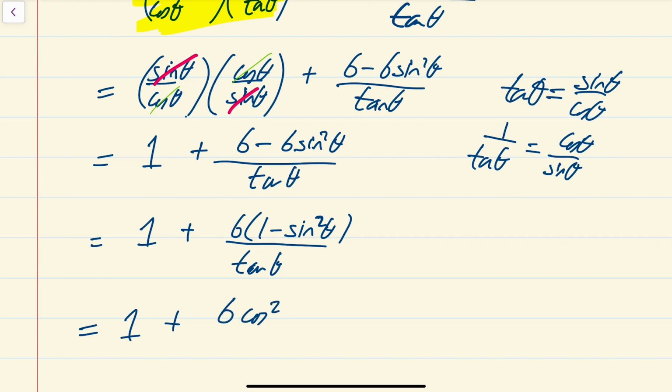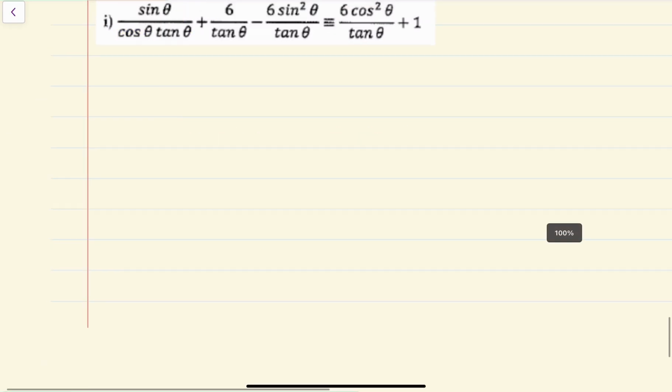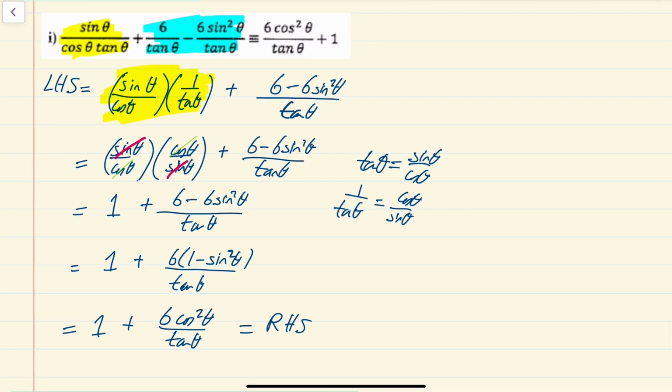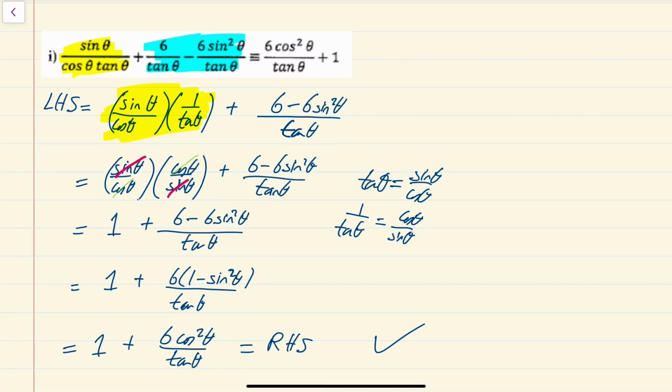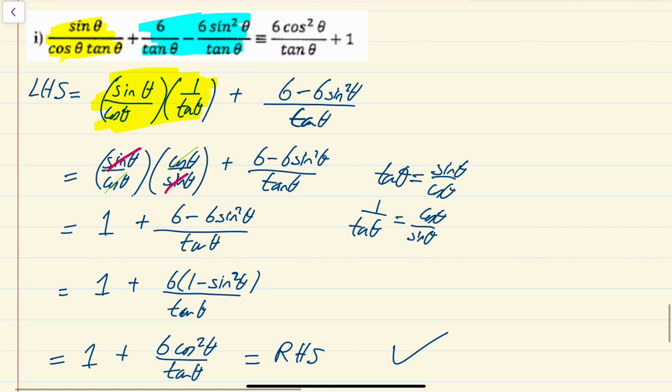So that's 6 times cos squared theta over tan. And I think that's the same as my right hand side. Let's see, yes, they had 6 cos squared over tan, and plus 1, so 1 plus 6 cos squared over tan, which is the same as my right hand side. That is difficult. It's quite quick when you do it that way, but it is tricky.